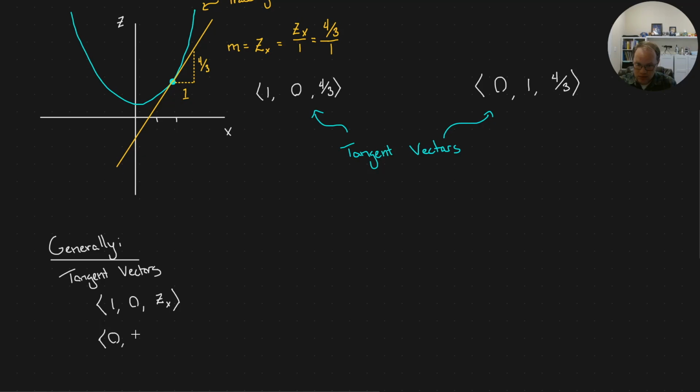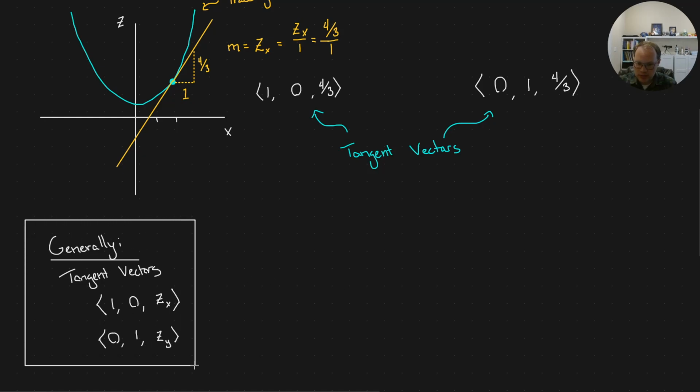And in the y direction, for every 1 unit of change in the y direction, this is how much the z changes. That's what my partial derivatives tell me, the rate of change of z per change of x, or per change of y, while holding the y fixed or the x fixed. So those are our tangent vectors generally. And so I can now take the cross product of those and find my normal vector.